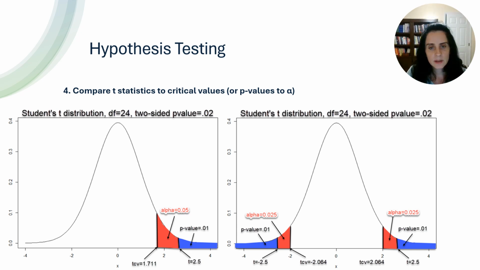For the one-sided test, the t-critical value is 1.711 and the test statistic, which is 2.5, is larger than the critical value. Using the p-value, we can see that our p-value of 0.01 is smaller than alpha of 0.05. For the two-sided test, the t-critical value is 2.064, and the test statistic is again further from the mean than the critical value. Additionally, the p-value of 0.02 is smaller than alpha of 0.05.